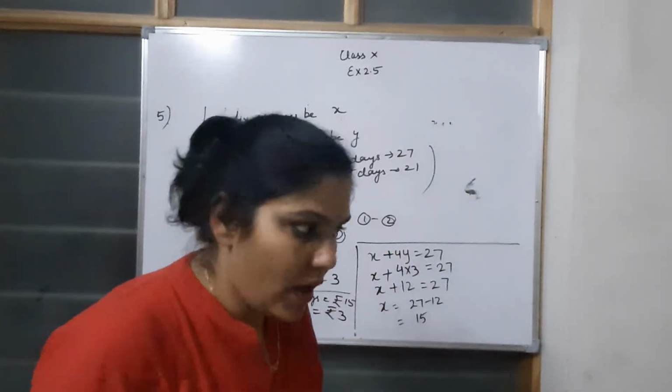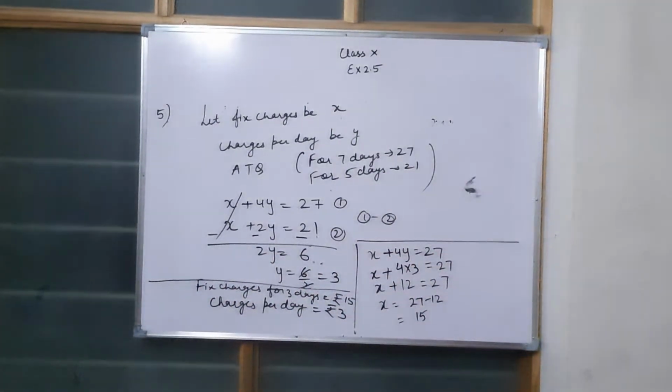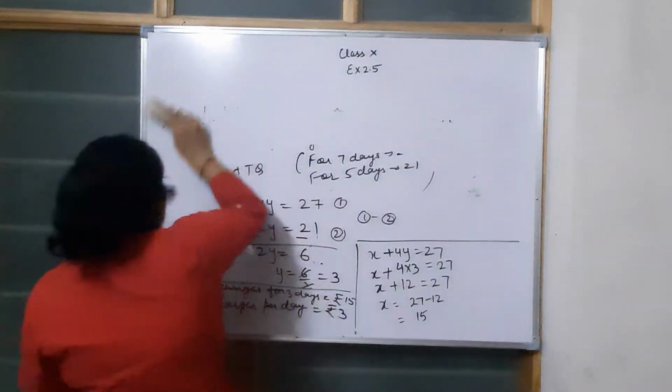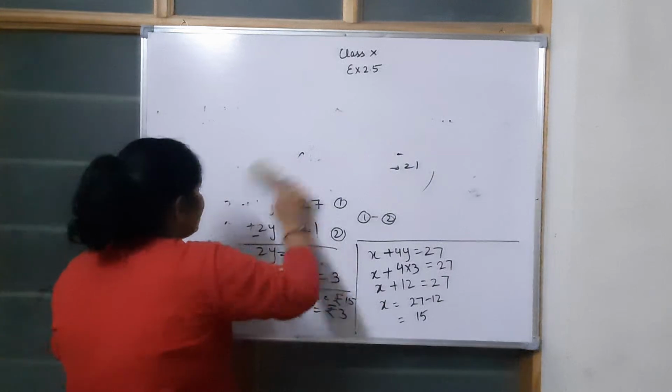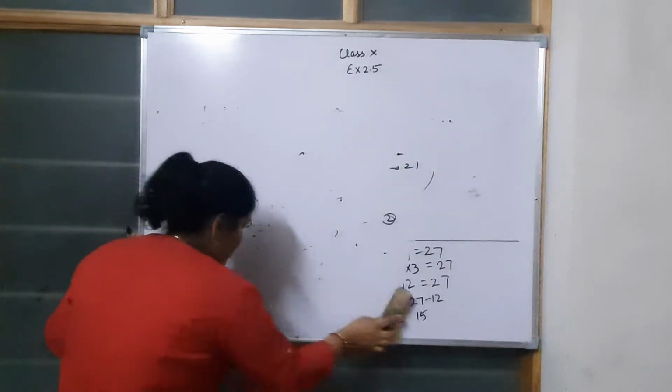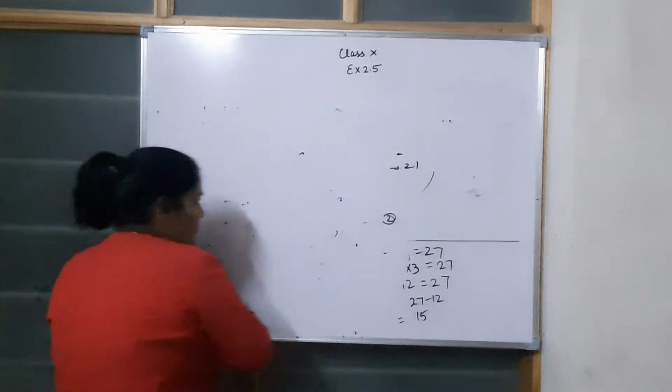All right. Now I am just explaining the cross multiplication method. Just taking one example so that you will be able to understand the concept well, and in the next class we will be discussing it in detail.